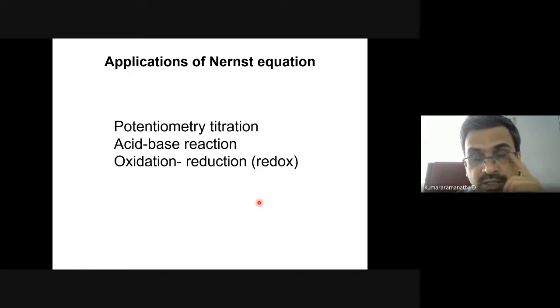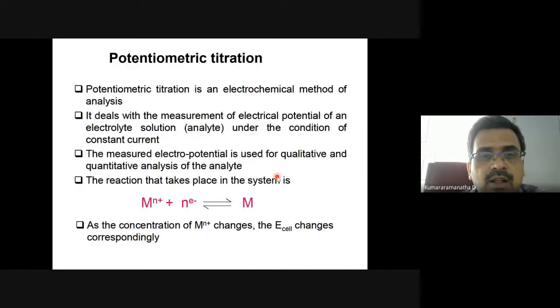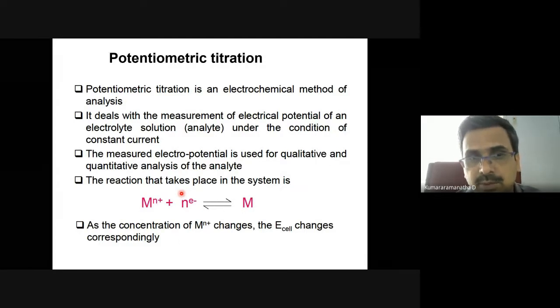We have seen that, probably in millivolts, and from the electrode potential you can calculate the concentration, or even in acid-base titrations, acid-base reactions, or various redox titrations. So again this is to recap for all of you what potentiometric titration is.